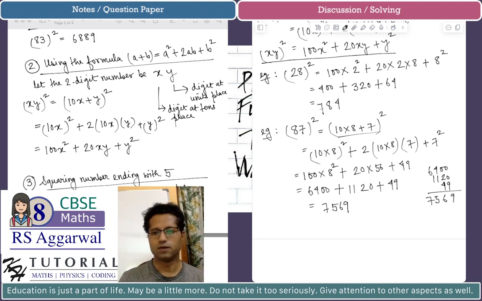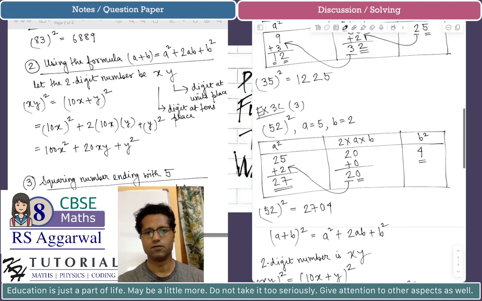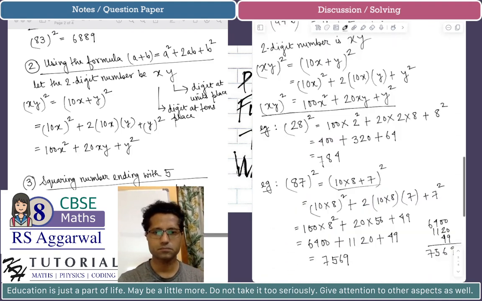This way you can also find the square of a given number. So this was method 2. The first method was the column method.